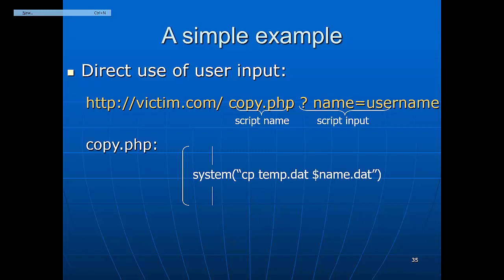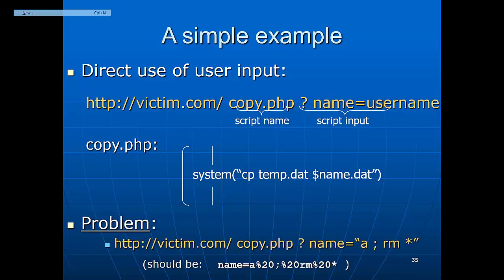And so then it might actually try to invoke something called copy.php, and if that existed on there, it might copy data. This is an example of how it could be improperly used.